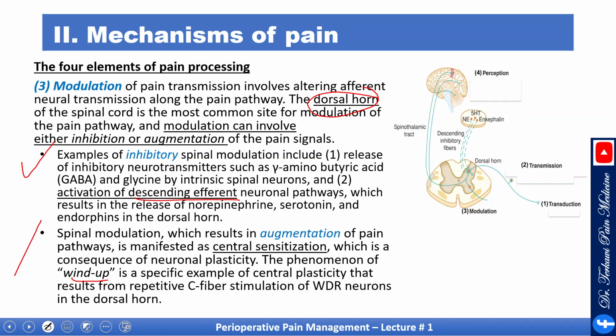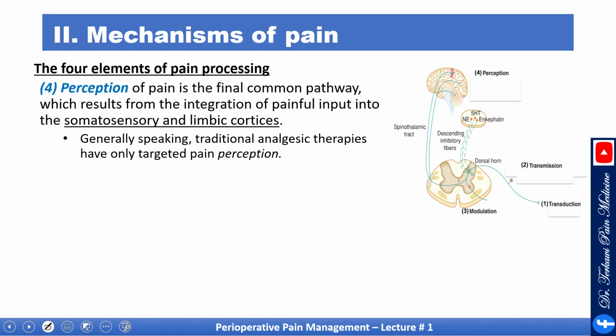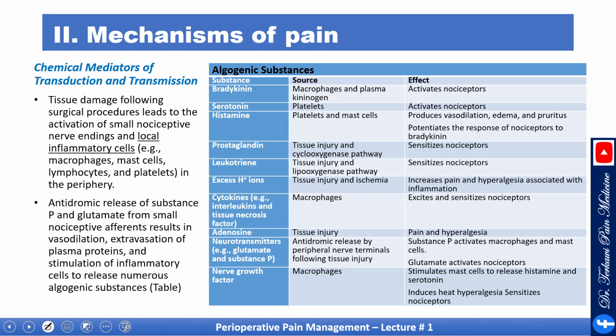Of course, we don't like to have this happen, and we're going to learn during these lectures how we can prevent this from happening, hopefully. The fourth element is perception, right? Perception of pain is the final common pathway, which results from integration of painful input into the somatosensory and limbic cortex. Generally speaking, traditional analgesic therapies have only targeted pain perception.